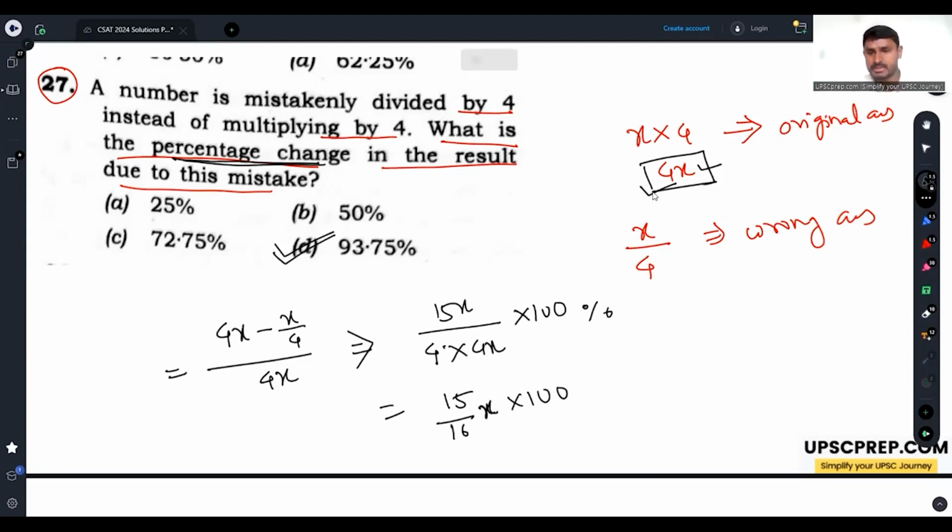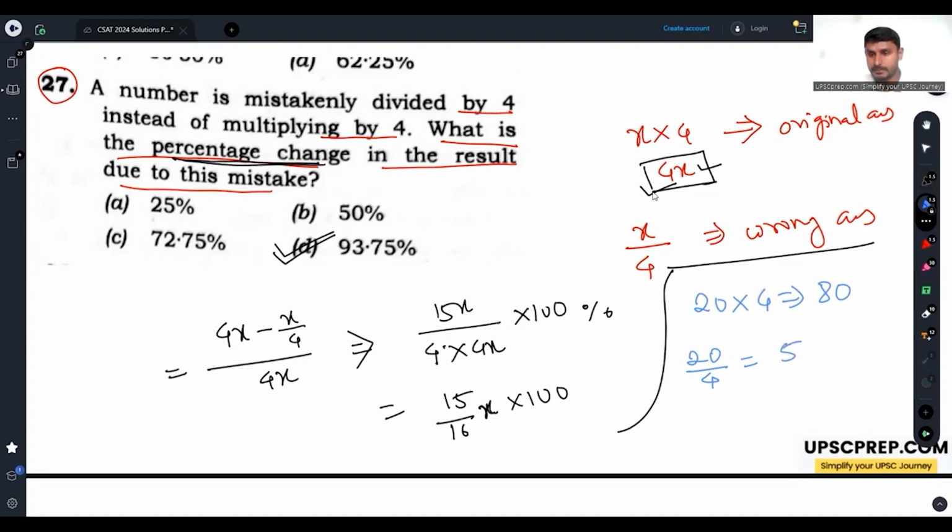Okay, again easy question. So if you don't want to involve variables such as x, what you can do is you can take any number. For example, if I take such number such as 20, तो I wanted to multiply 20 by 4, तो 80 आंसर आना चाहिए था, बट गलती से क्या हुआ? 20 by 4 हो गया इंस्टेड ऑफ मल्टीप्लाइंग इट, तो आई गॉट आंसर एज 5. तो आई हैव टू फाइंड आउट परसेंटेज चेंज. तो परसेंटेज चेंज कितना आएगा अभी? 80 minus 5 divided by 80, right, into 100, right.